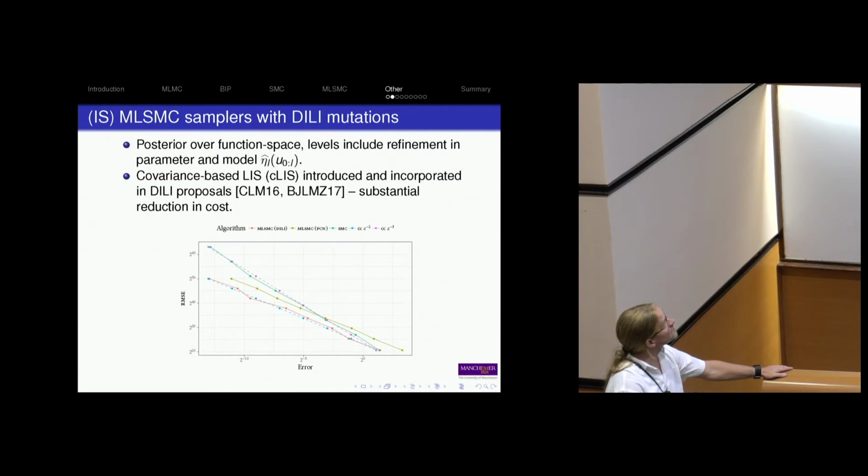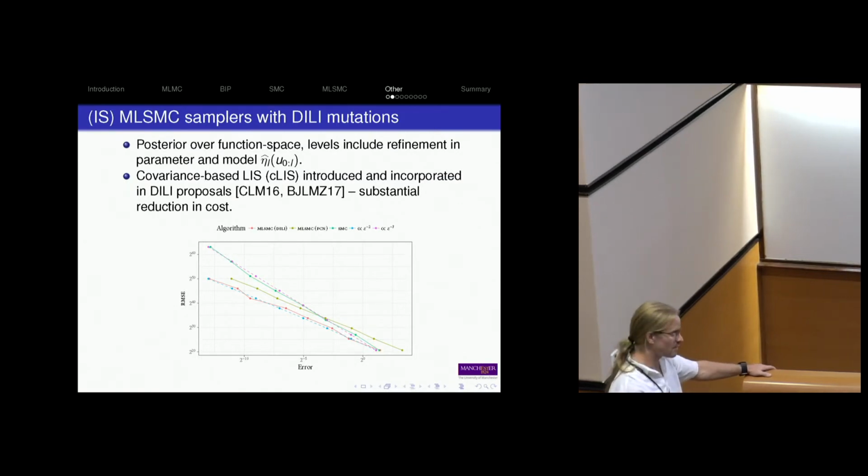So in principle, we have a target where the unknown is a function. And then we have also another layer of approximation coming in: discretization of the PDE mapping the unknown to the data.